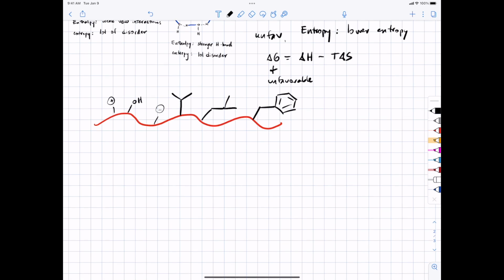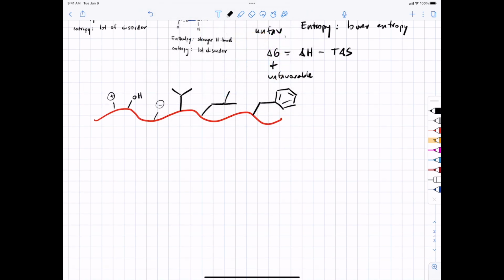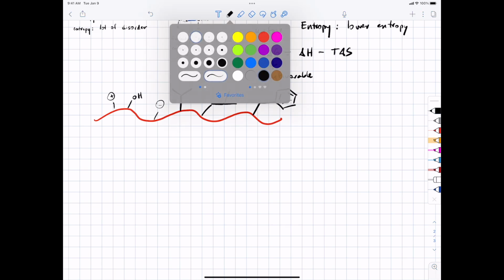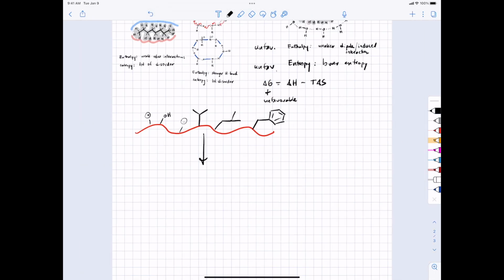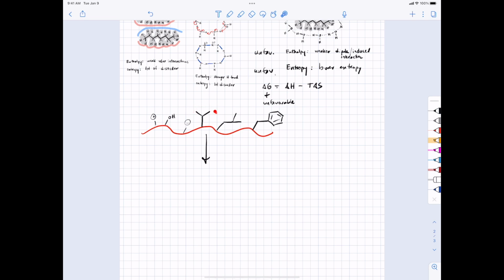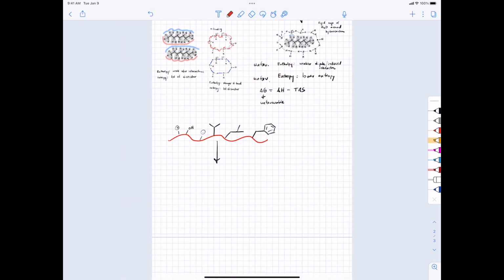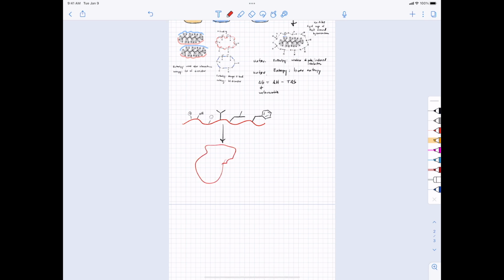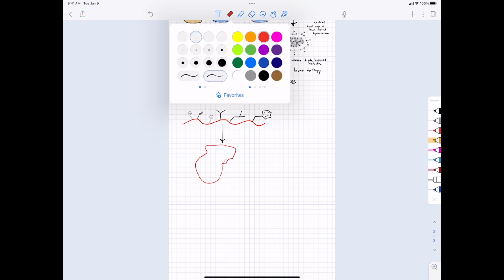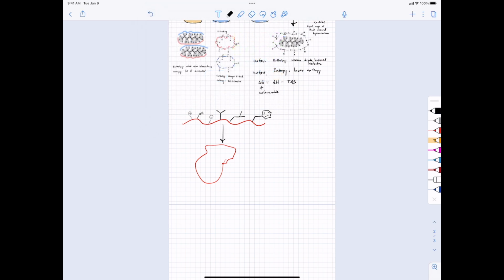And what happens in water is that, because water around these nonpolar groups would be in this ordered ice-like cage, it's actually favorable for the protein to twist back on itself and fold such that the nonpolar groups are on the inside where they are not exposed to water.